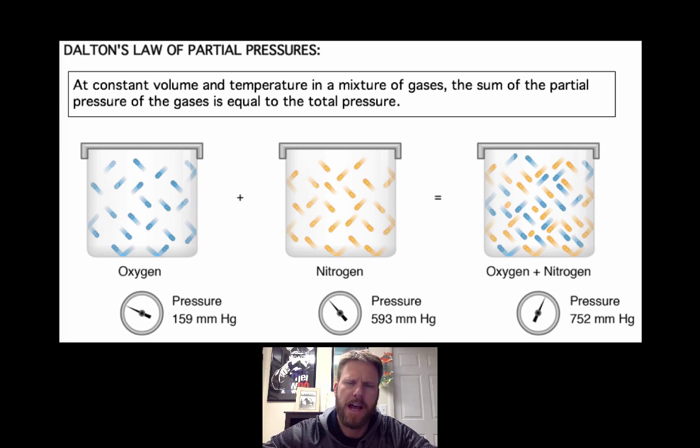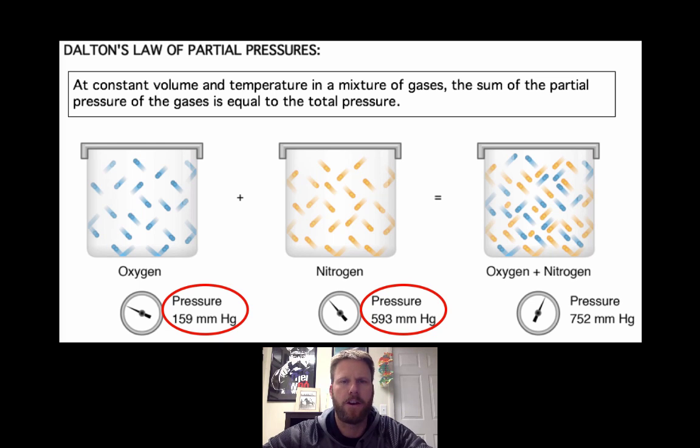So let's talk a little bit more specifically about Dalton's law of partial pressures. If you have a constant volume of gas and the temperature is also constant, the pressure of each individual gas can be added together to get the total pressure. So for example, if you have a sample of oxygen gas exerting a pressure of 159 millimeters of mercury, and you have the same volume of nitrogen gas at the same temperature exerting 593 millimeters of mercury, if you were to insert those two gases into the same container, so they have the same volume at the same temperature, you can get the total pressure exerted on the container by just simply adding the pressures of those two gases together.